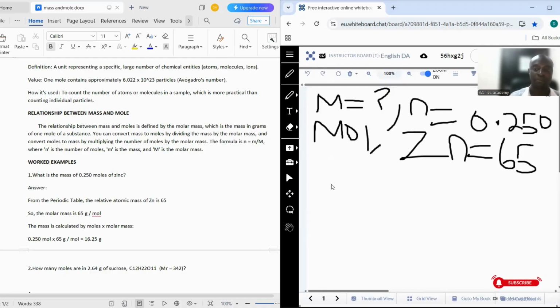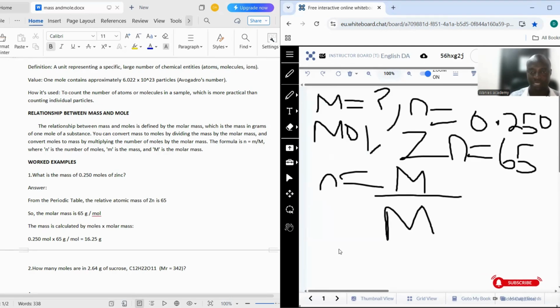Now, substituting this into the equation where mole is equal to mass over molar mass, which I stated some minutes ago. Making mass the subject of the formula, small m, that gives us mass equals mole times molar mass, as you can see here, if you cross multiply in that equation above.